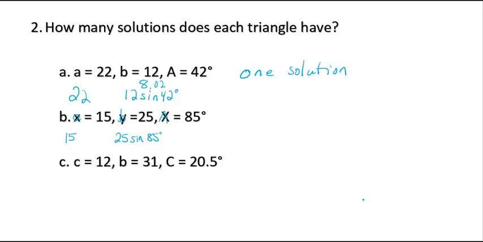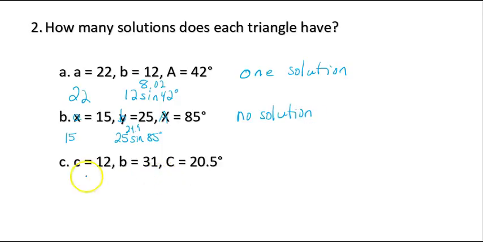If I type that in my calculator, 25 sine 85, I get 24.9. In this case, the B sine A is bigger, the A is smaller, so we're following the middle path off of that block, and that leads us directly to no solution.